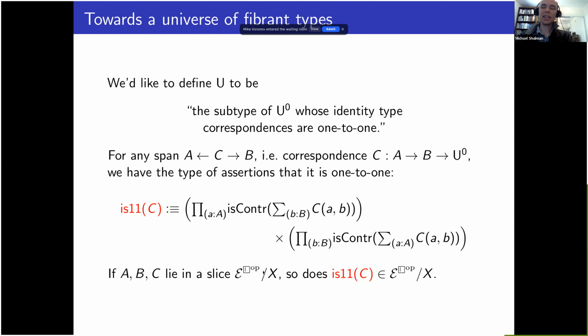If I do this in a slice category, I get something in the corresponding slice category. I'd like to use this to build a subtype of U0 that classifies these one-to-one identity types. To do that, I want to apply this classifying construction to the universal span over U0.